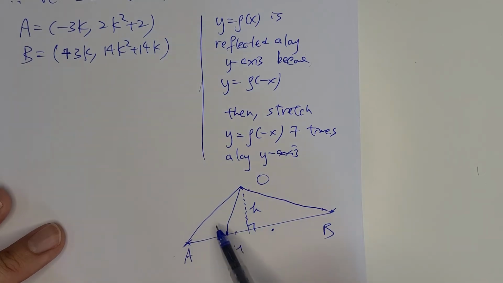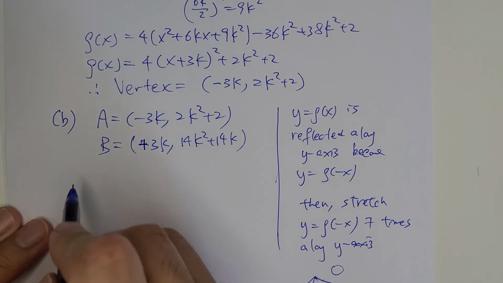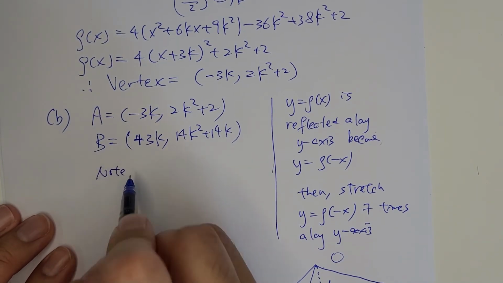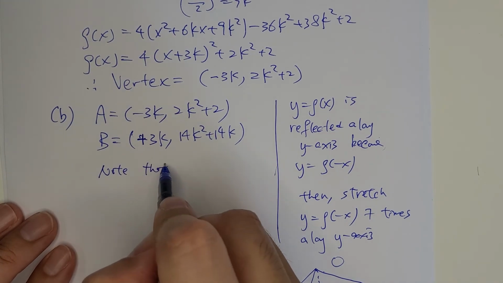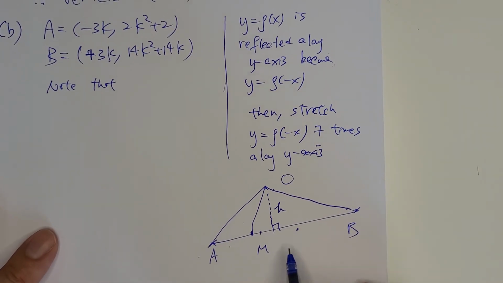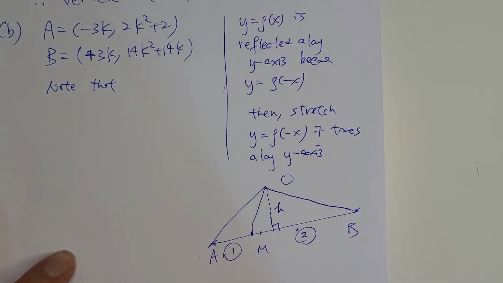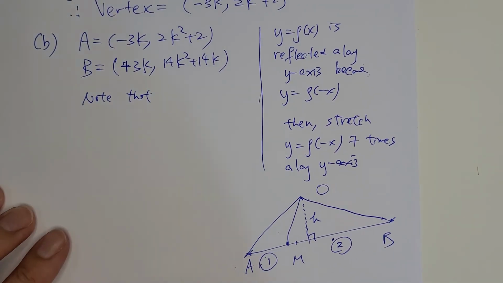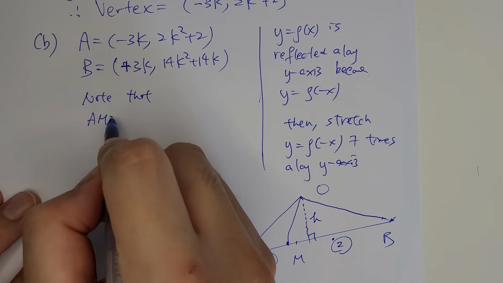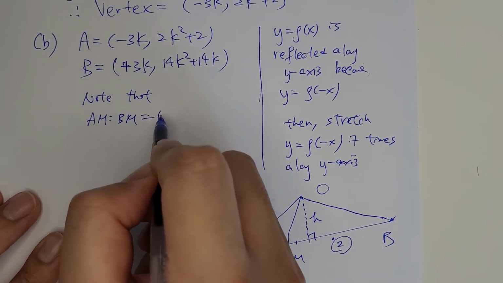And that means their area ratio is the same as their length ratio. Note that because the area of triangle OBM is twice the area of triangle OAM, MB is double AM. And therefore AM to BM is 1 to 2.